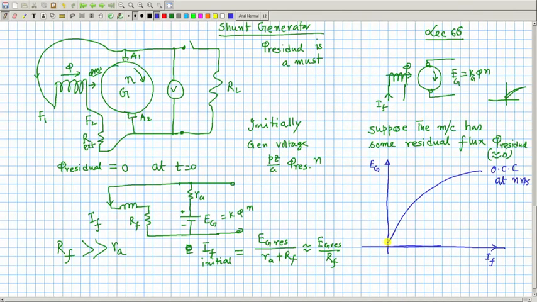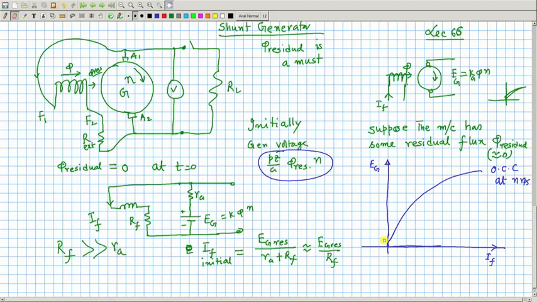So, this amount of voltage is this, this small voltage will be induced. Okay. So, that is there, fine.